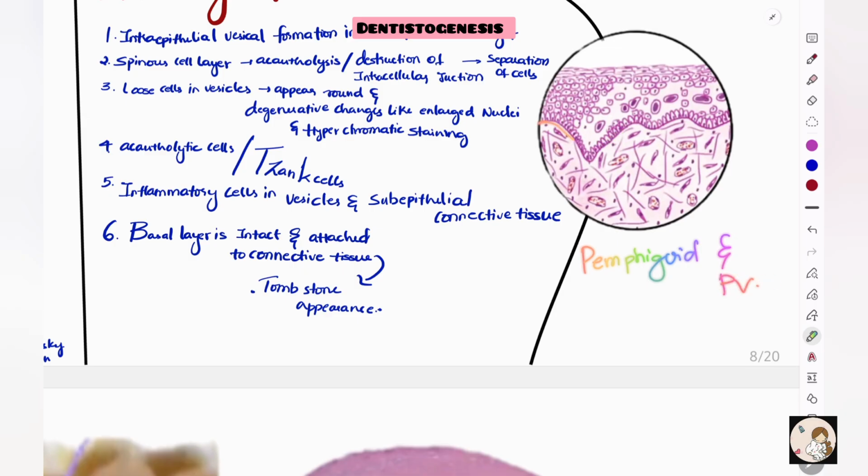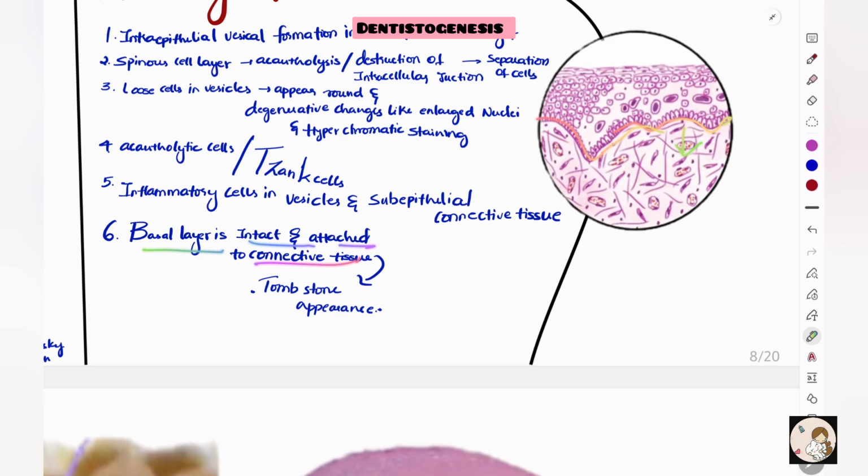So now this is a basement layer which is intact with the connective tissue. But in pemphigoid we will be seeing the basement membrane is not attached to the connective tissue. But in pemphigus it is intact with the connective tissue. So the basal layer is intact and attached to the connective tissue.